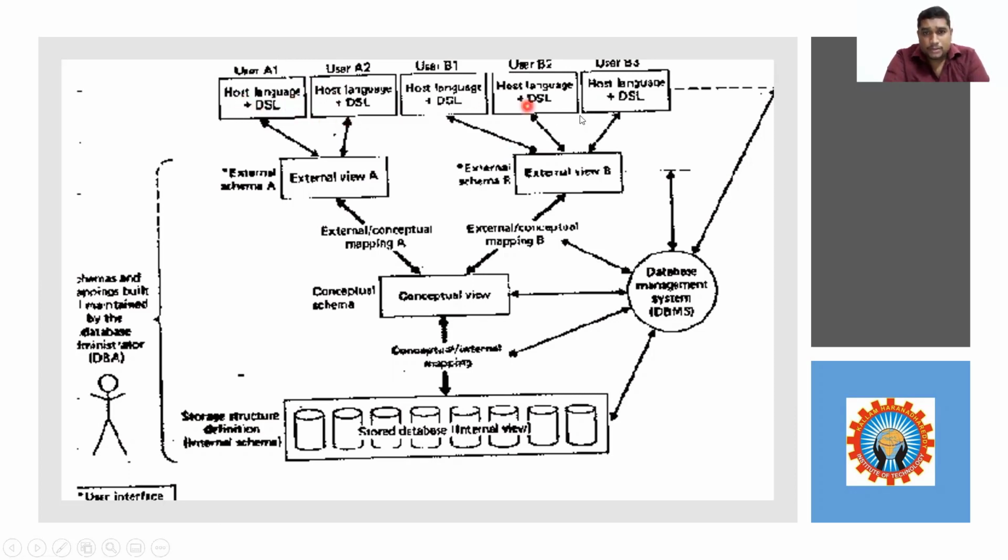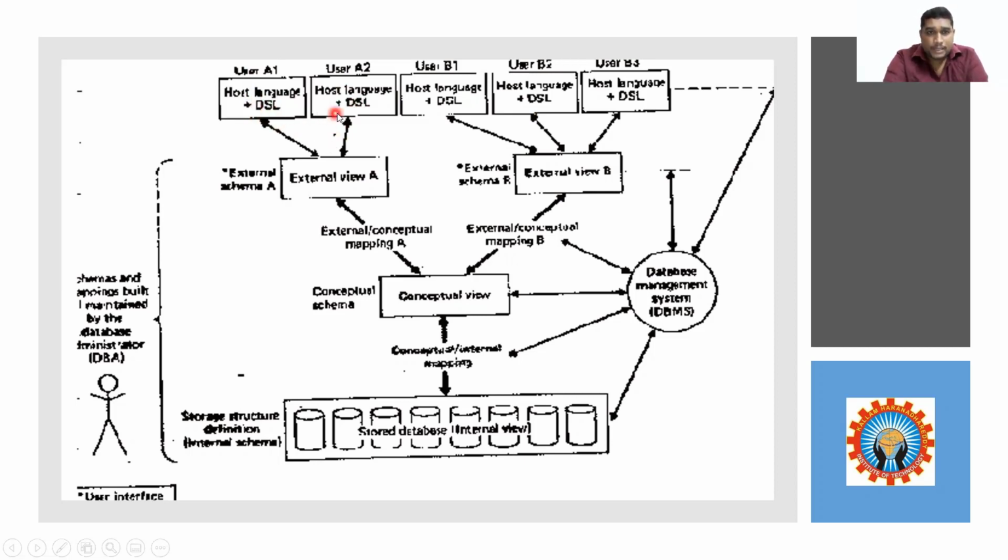We have various users. Among these users, host language and DSL. Host language is nothing but the application language. DSL is nothing but data system language, like structured query language.